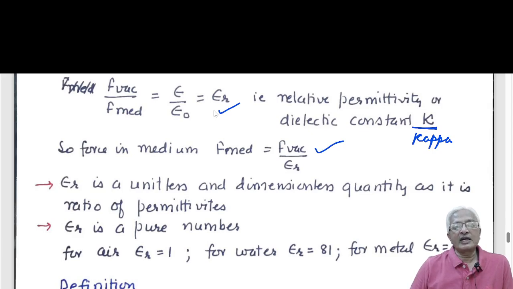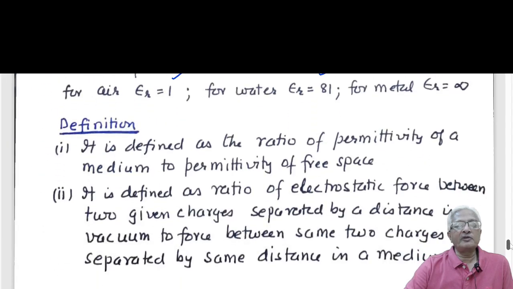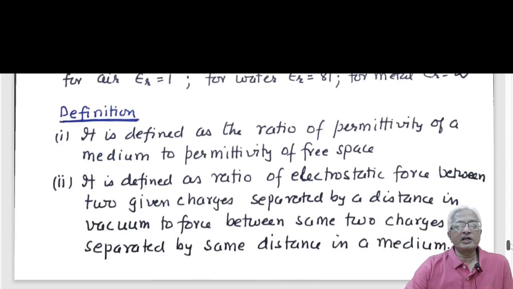So force in medium is equal to force in vacuum upon epsilon r. Let us find some standard values of relative permittivity. Epsilon r is a unitless and dimensionless quantity, as it is the ratio of two permittivities. It's a pure number. For air, epsilon r is 1. For water, it is 81, and for metal it is infinite. How can I define relative permittivity?